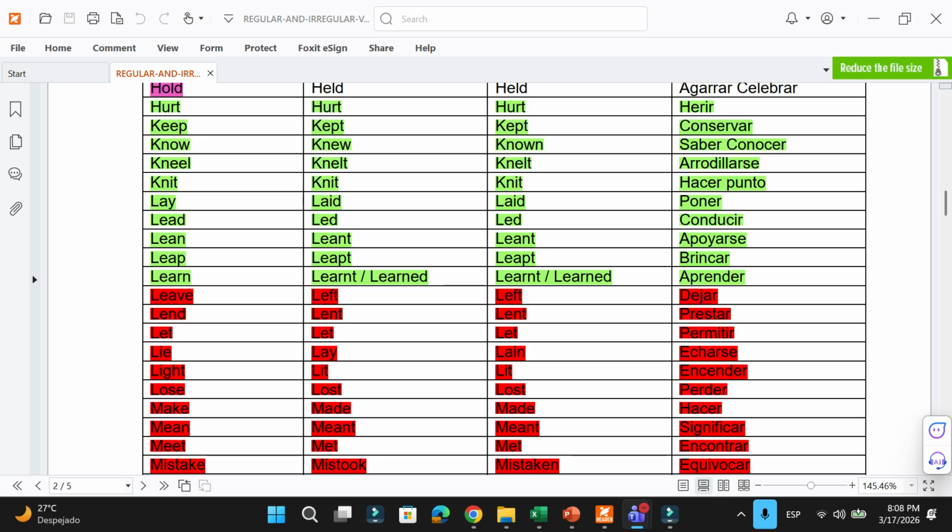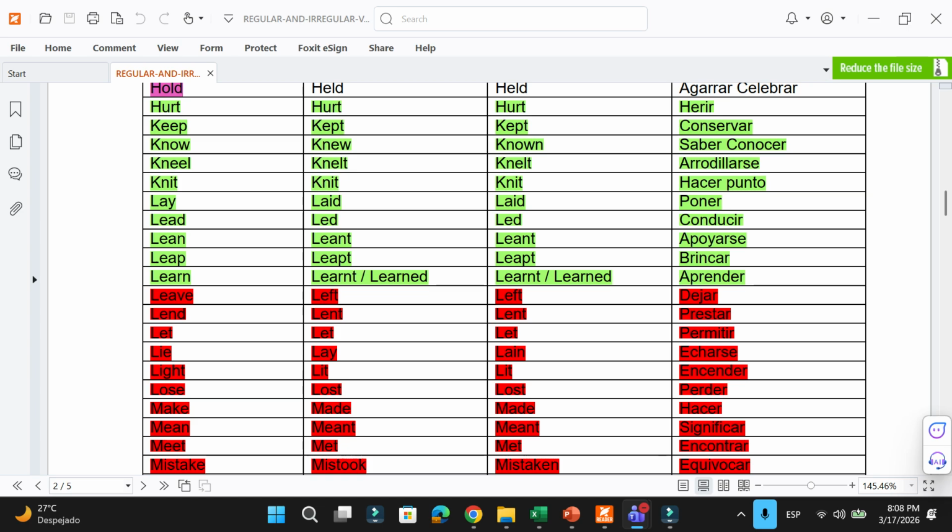When we have verbs like this one that you can write in two different ways, or that you can pronounce in two different ways, it's because both are possible. So you can choose either learned or learnt. You will find some Americans using one, and other Americans or maybe British people will use the other, or vice versa.